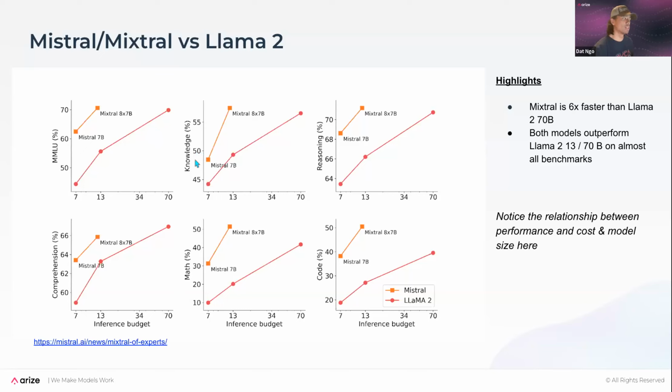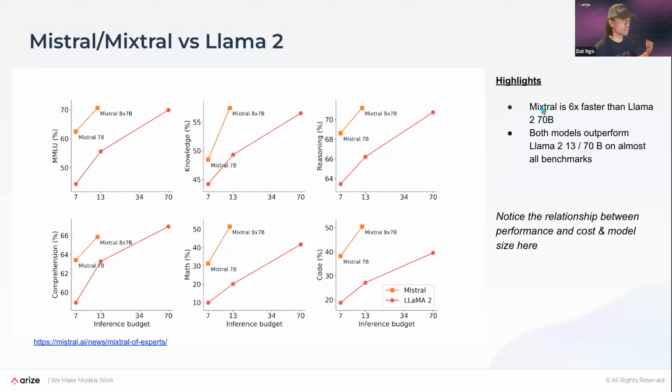So the really cool thing is this makes sense, because when you think about knowledge and compressing the model, Mistral 7B tends to outperform Llama 13 in almost all cases, except for knowledge. The constraint here is the parameters, because you can only compress so much. Really interesting thing here.